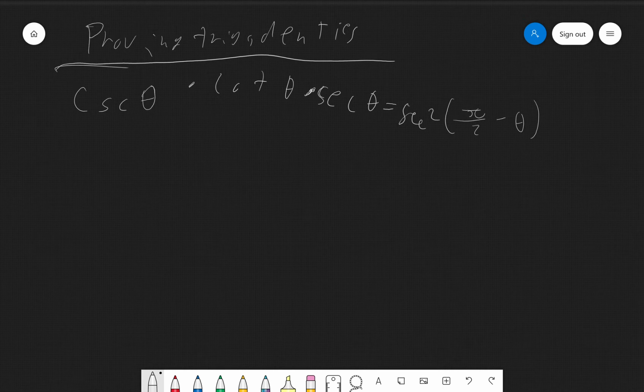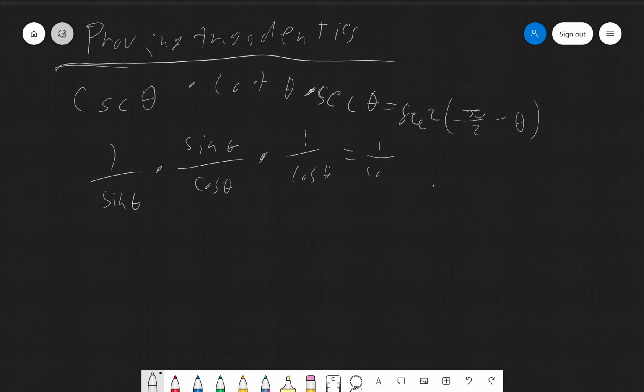So we can say the cosecant of theta is 1 over sine of theta, and that times cotangent of theta, which is sine theta over cosine theta, times secant theta, which is 1 over cosine theta. And that's equal to, since secant is 1 over cosine, 1 over cosine squared of pi over 2 minus theta.